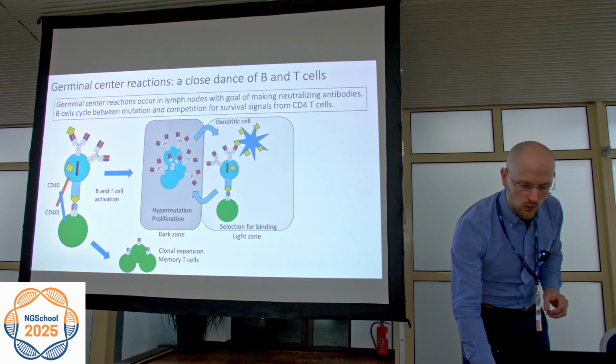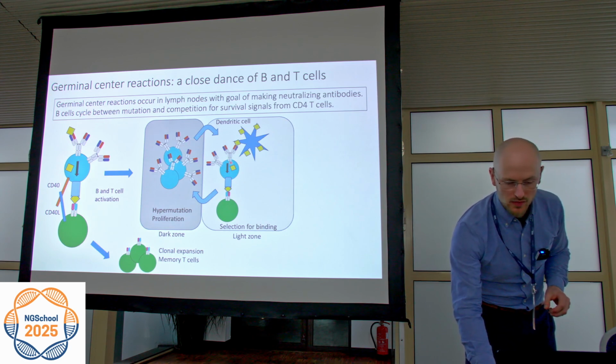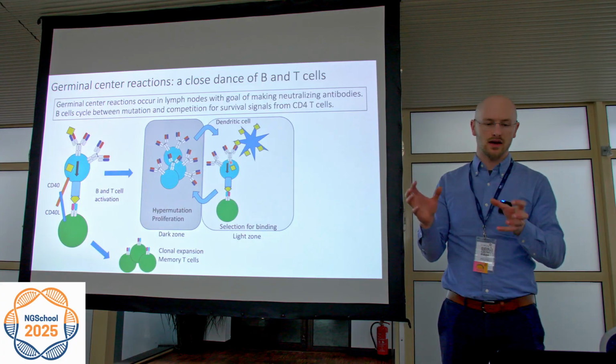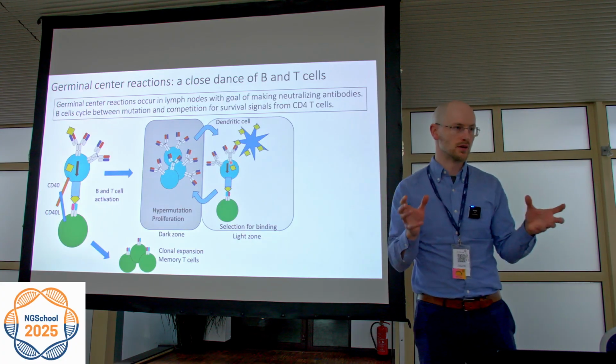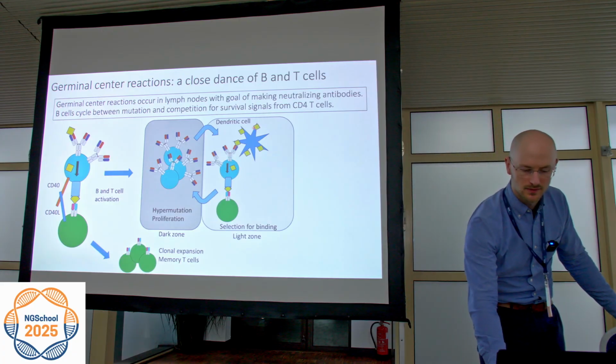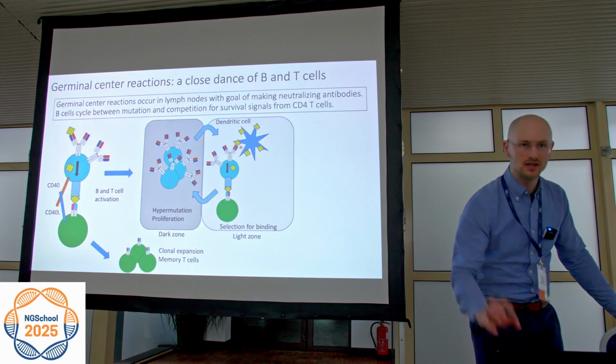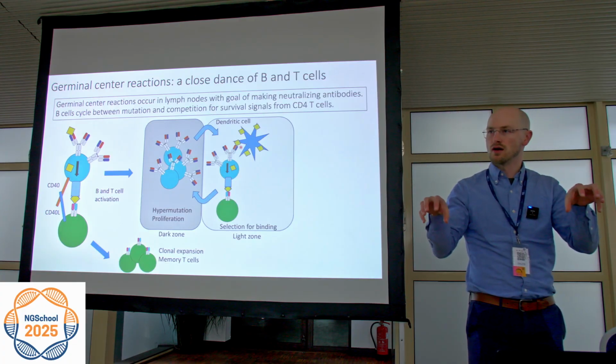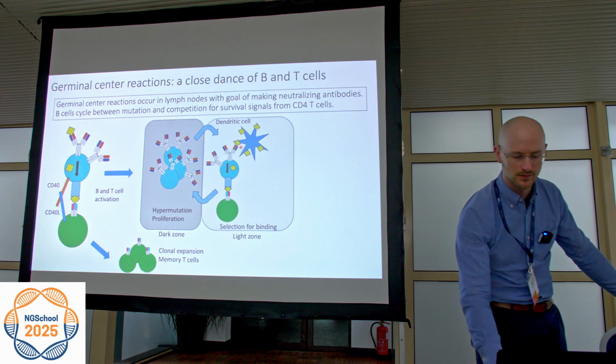And when B cells emerge from the dark zone, where they've mutated and they have these slightly varying B cell receptor structures and affinities, they will compete against each other to try to pluck as many antigens as possible off of the surfaces of dendritic cells.